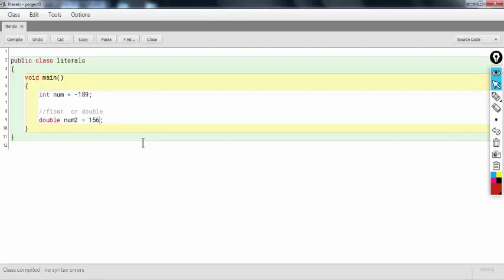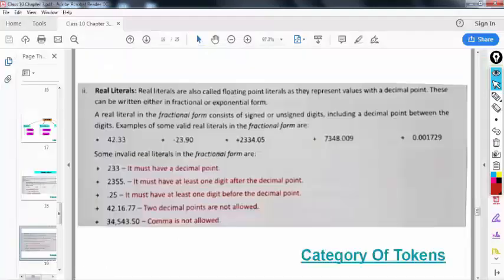Although we have just written a number without a decimal point, internally it will be converted into a decimal number, something like this, 156.0. So internally .0 will be added, and then it will be stored in the memory. That is why we are not getting any error. So that is what is meant by this statement here. It must have a decimal point.